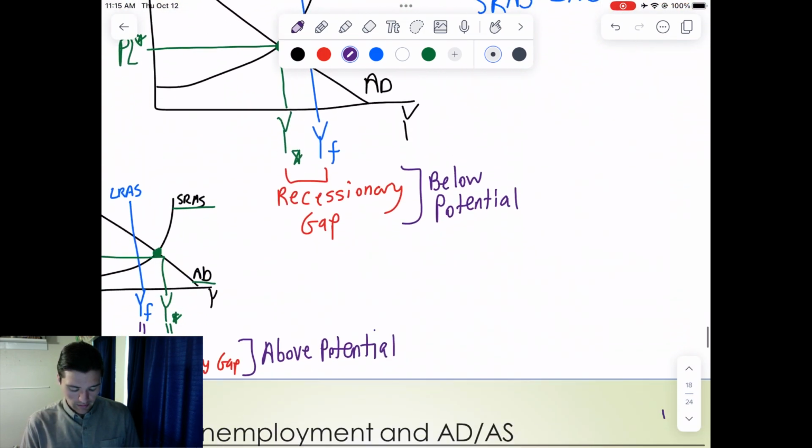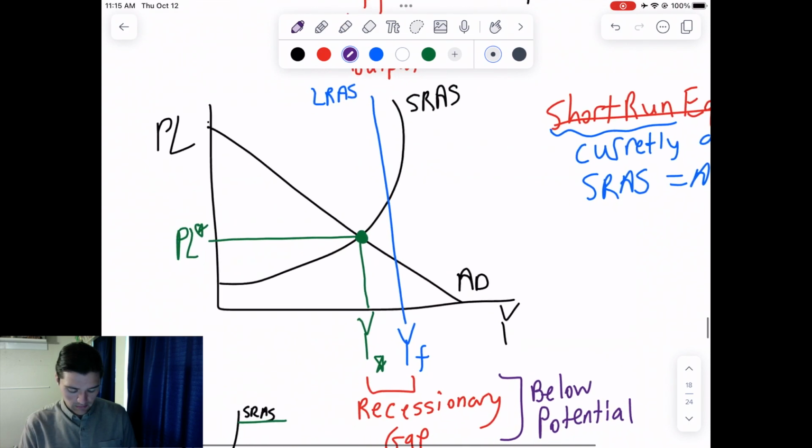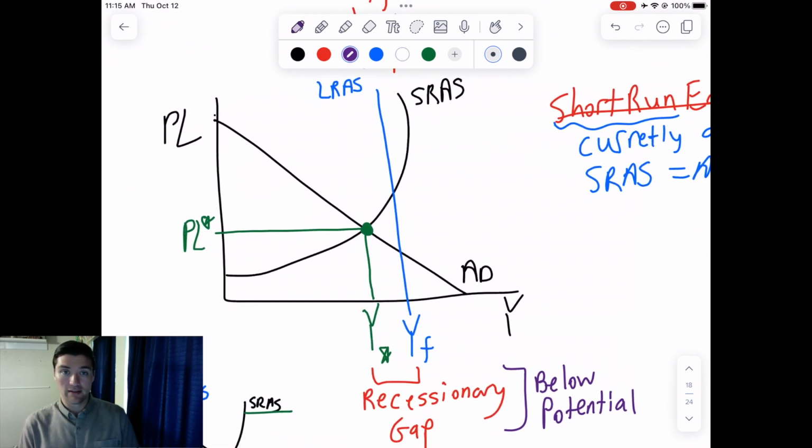We could have shifts happening. So for example, let's say we are in the recessionary gap. We could have a change in one of the consumption, investment, government expenditures, or net exports. We can have a change in one of these four things. And when this happens, this is going to change aggregate demand. Let's say, for instance, government were to spend more money. When the government spends more money, this increases aggregate demand.